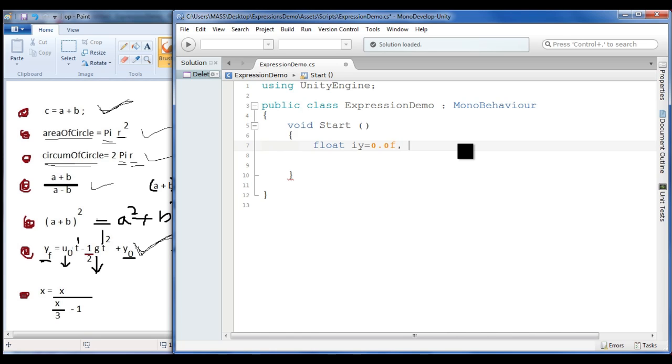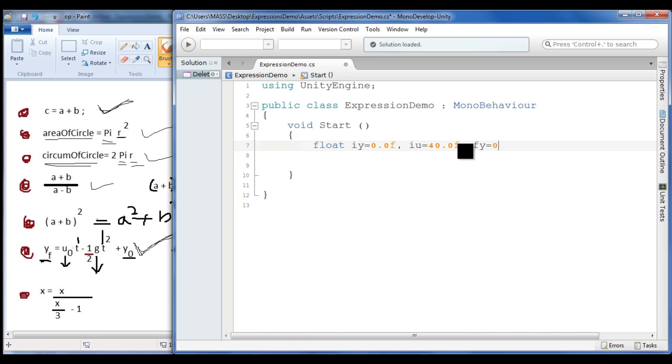Then I need initial velocity. So I use iu, that indicates the initial velocity. And iu is going to be, let us take 40 meters per second, 40.0f. That is the initial y velocity. Then we need a variable called final velocity.